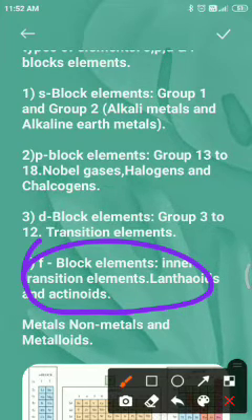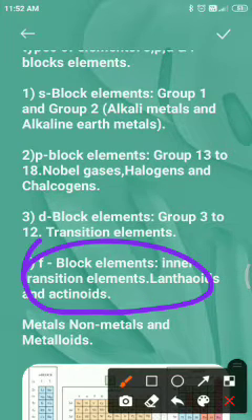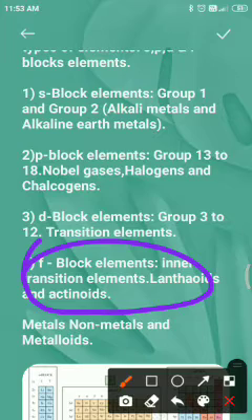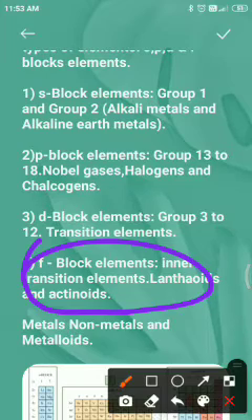Students, the element with Z equal to 117 belongs to the halogen family, group 17, and its outermost electronic configuration would be [Rn] 5f14 6d10 7s2 7p5. The element with atomic number 120 will be placed in group 2, the alkaline earth metals, with electronic configuration [Uuo] 8s2.